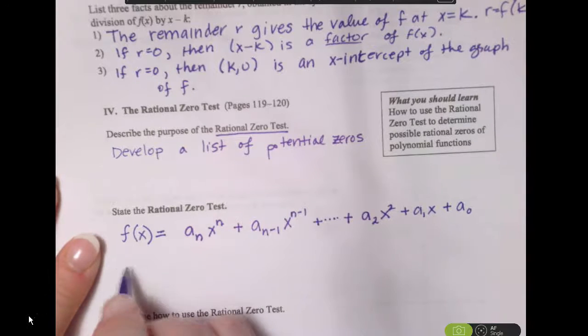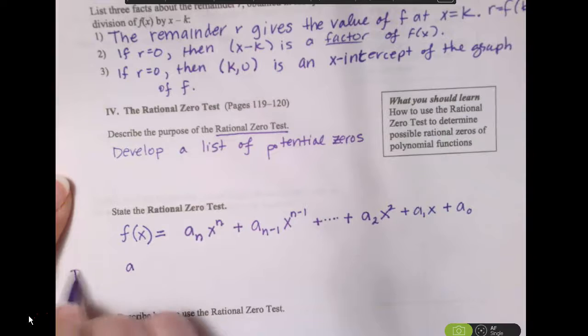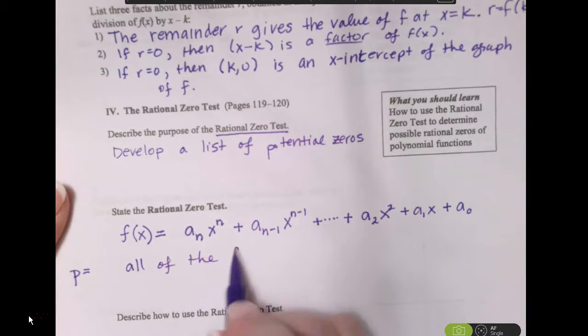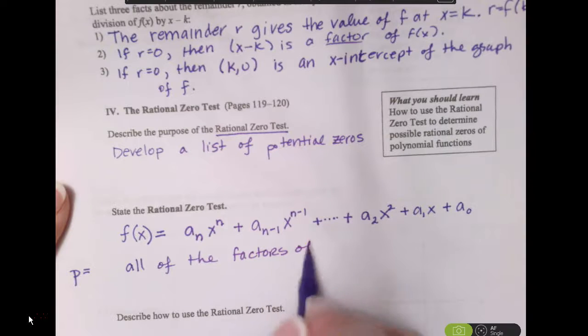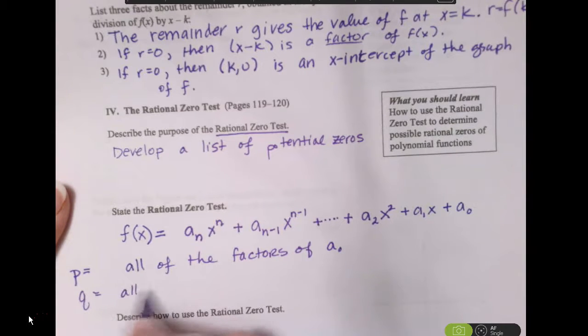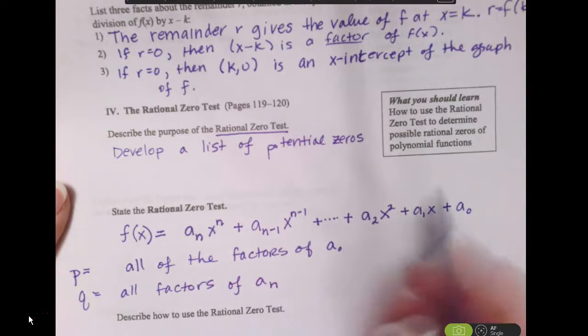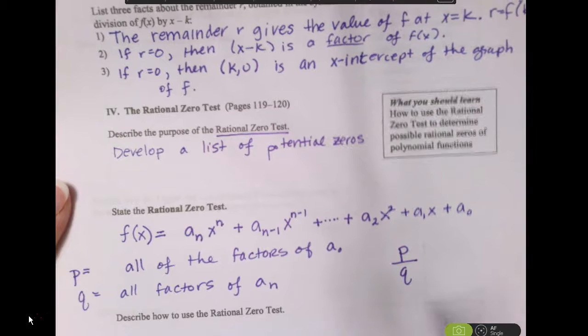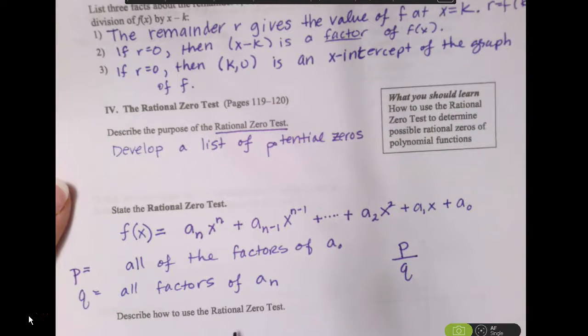Okay, so if we look at all of the factors, P is all of the factors of the constant term, so the last one, and Q is all factors of the first term. So the rational zeros are all of the values of P over Q. So how do we use the rational zero test?